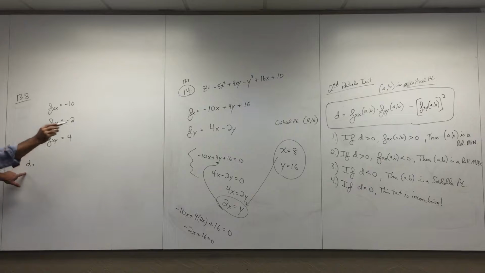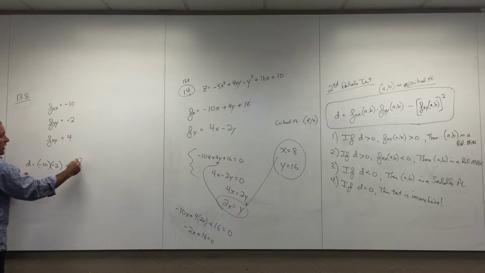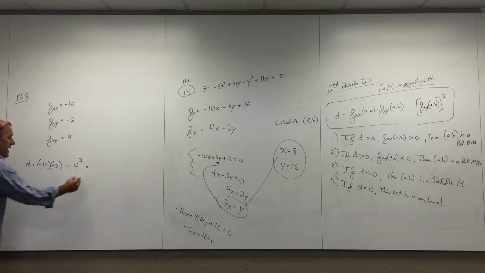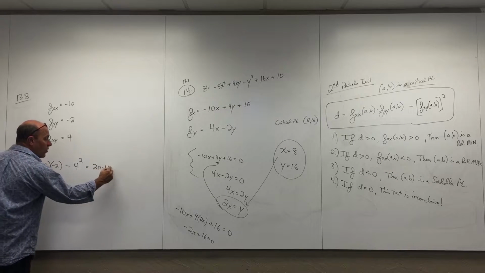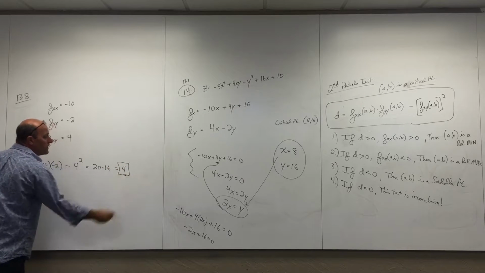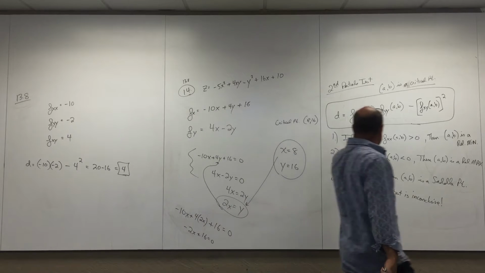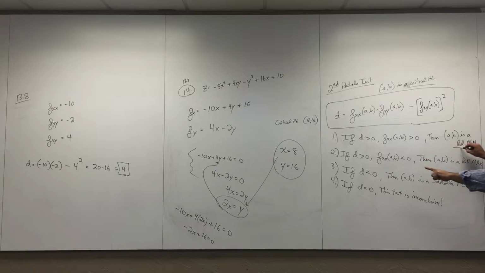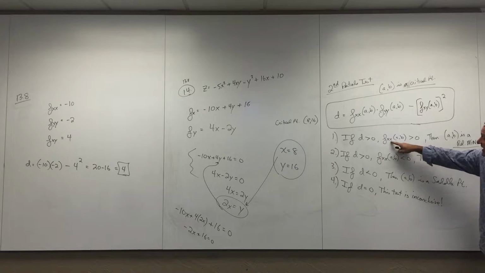My number D is fxx times fyy minus fxy squared. The value of that is 20 minus 16, or 4. So D is 4, so D is positive. If D is positive, it could be a min or a max. What I'm supposed to do is look at fxx.